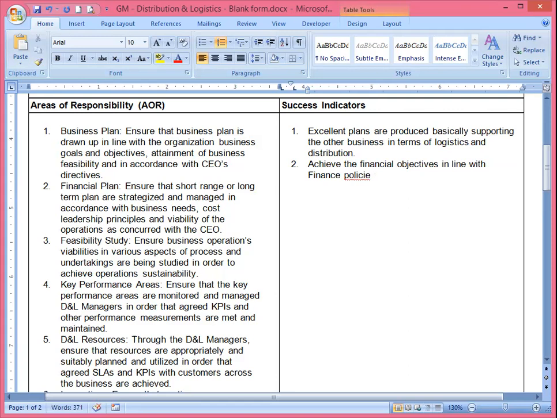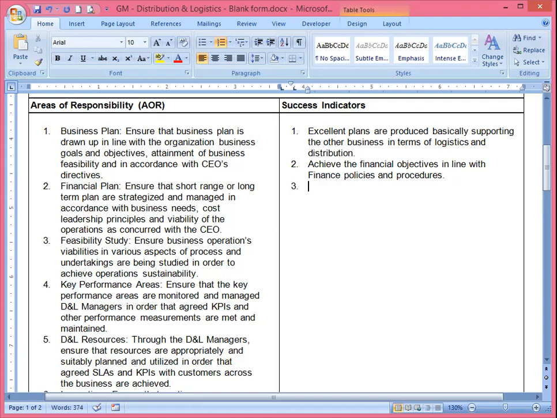You have to be in compliance with these policies and procedures. This is one of the responsibilities of the GM: make sure that all the resources are managed and controlled. And one controlling aspect is the policies and procedures of the company, right?